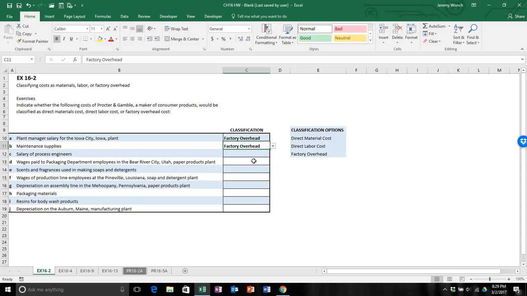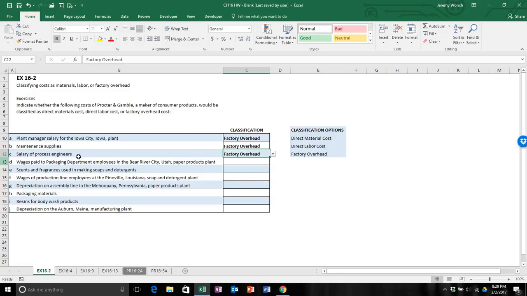Salary for process engineers. Process engineers usually aren't directly related to one product. They're over several different things, and so they're going to be factory overhead. Wages paid to packing department employees in the Bear River City, Utah paper products plant.